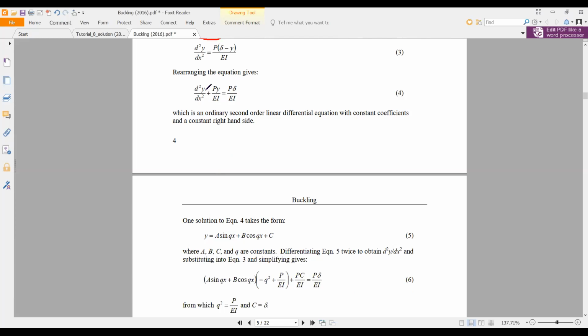So this is the equation of y. Solving it gives y equals, where a, b, c are constants, and q is also a constant.